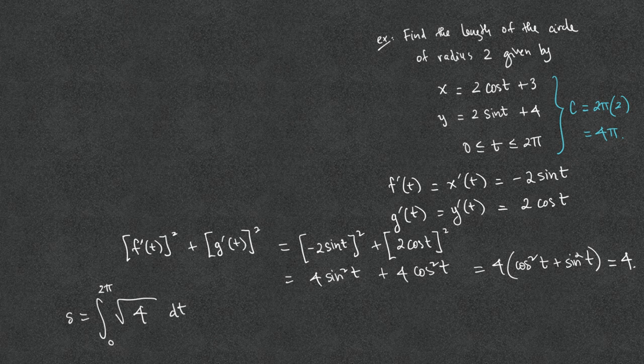Usually, we are given the parameter interval along with the parametric equations, so this third piece of information is important. This is the integral from 0 to 2 pi of 2 dt, which is simply 2 times 2 pi, or 4 pi. So yes, this formula works.